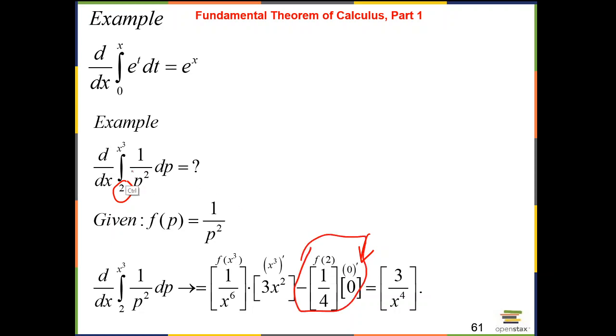If it's a constant and there's a function here, all you have to do is substitute that over here. So the answer would be 1 over x to the third to the second. You see, I put x to the third for p. And then multiply by derivative of x to the third, which is 3x squared. You don't have to subtract anything. If you do, you get 0. So if this is a constant, you don't have to use the second part here. So the answer is this right there, which simplifies to that.